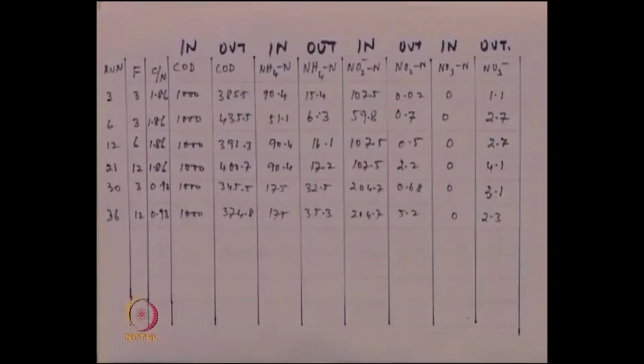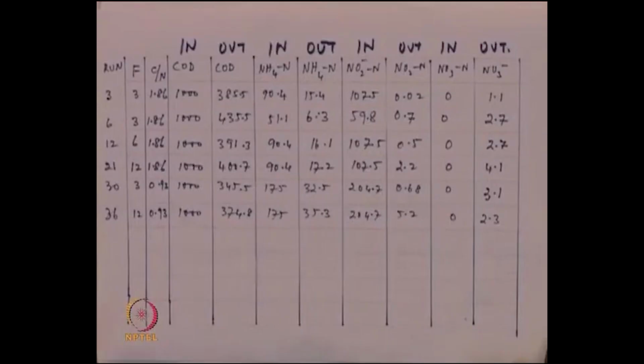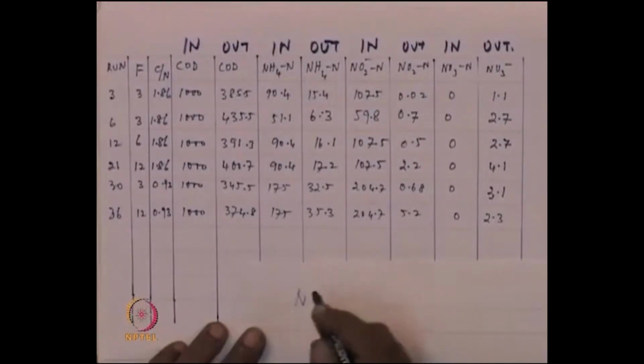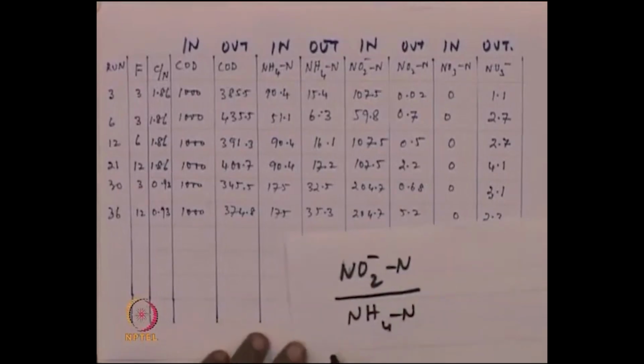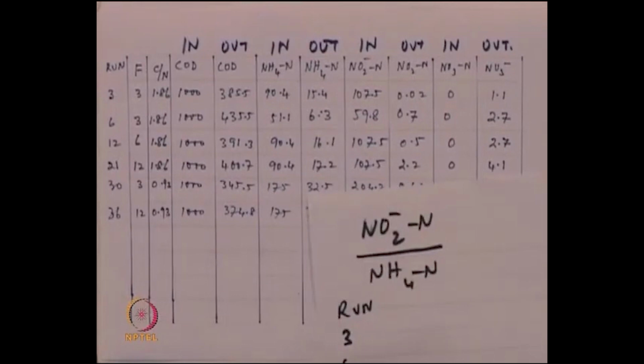Find that ratio quickly, please. Let me write here. This is what we want to find out, NO2 minus divided by NH4 plus. Run numbers, I am just writing down 3, 6, 12, 21, 30 and 36. Please tell me this ratio.